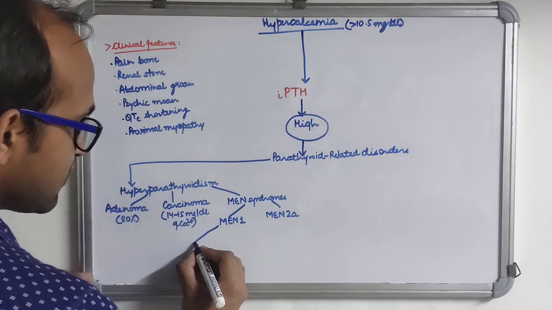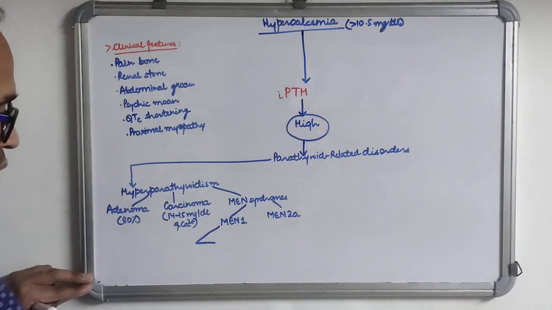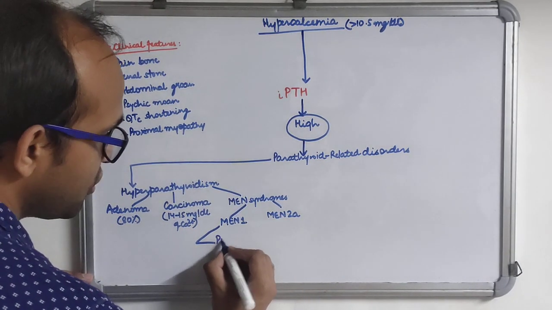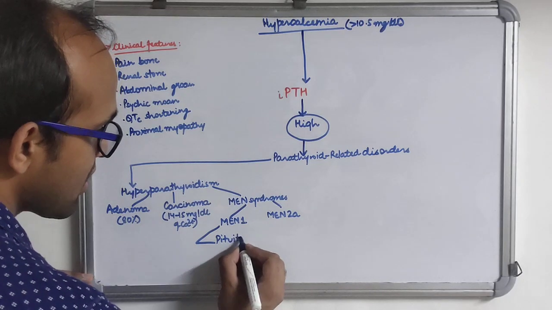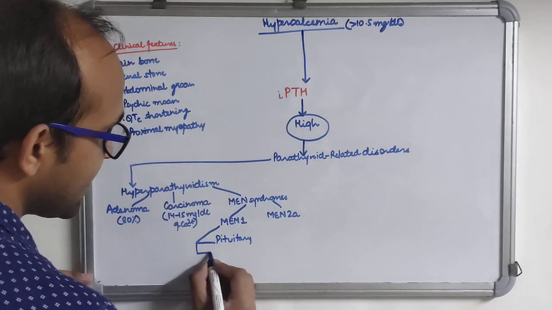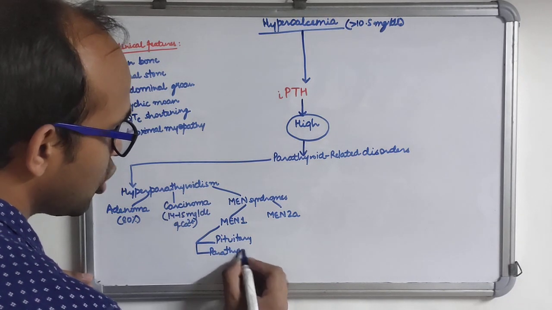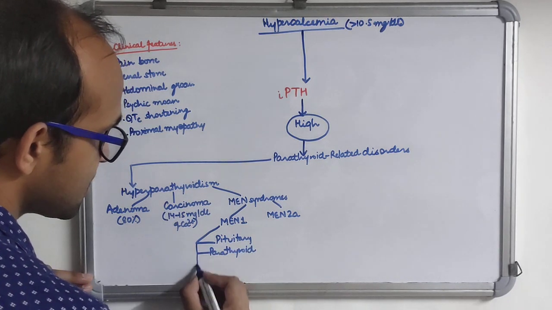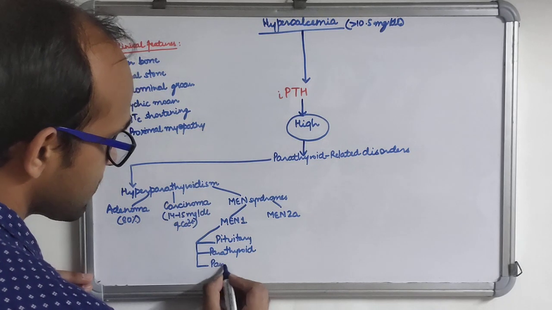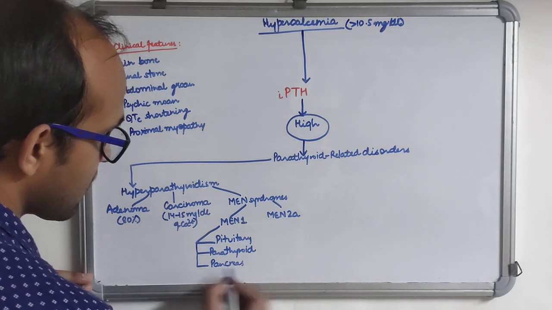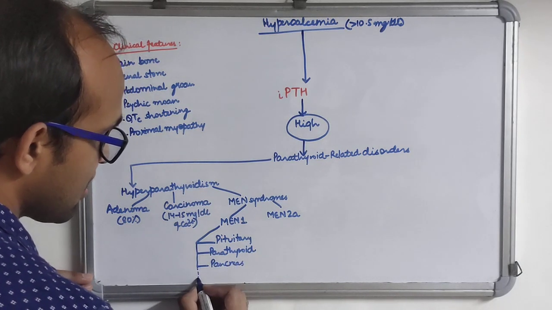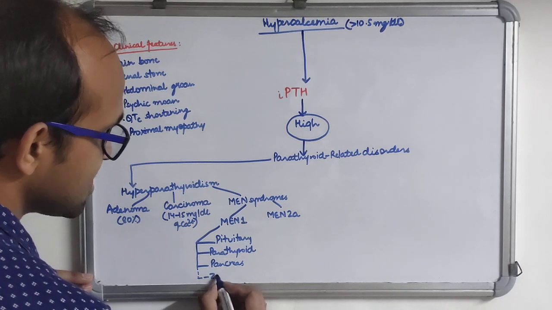MEN 1, which is also known as Wermer syndrome, consists of pituitary adenoma, parathyroid adenoma, and pancreatic neuroendocrine tumors. Patients can also have Zollinger-Ellison syndrome.